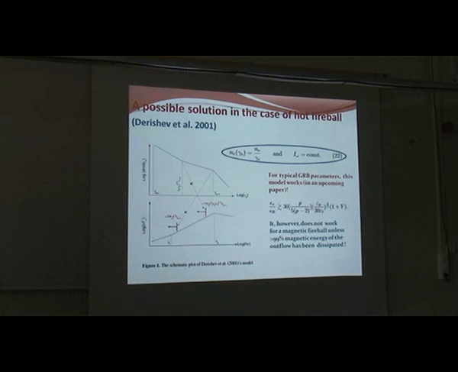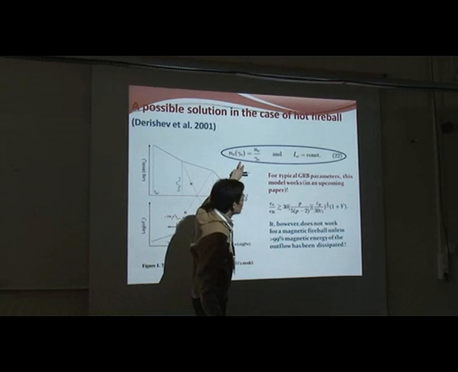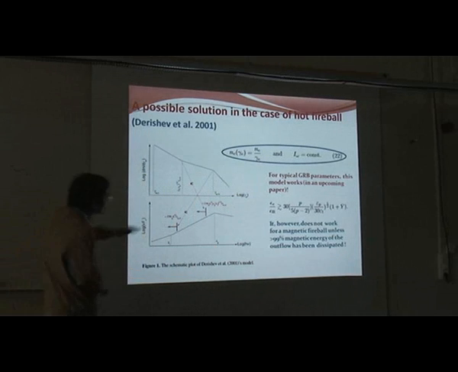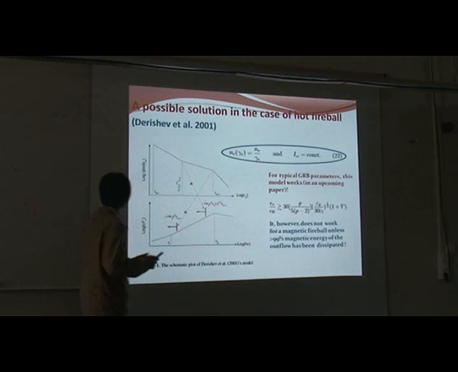We don't know, but there could be some tests on this interpretation. For example, this interpretation only works for GRBs, not for X-ray flashes. Why?